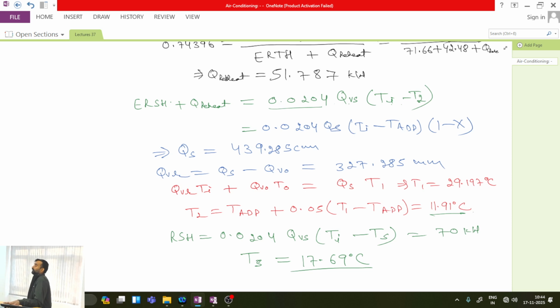It means where you are designing the system for highly humid conditions, like for Bombay, Goa, then in your cooling system there has to be one heating coil as well. Okay, what should be the load on the heating coil, what should be the load on the cooling coil, you should be able to understand from this example, and accordingly you can replicate it for the given conditions. Is this point clear?